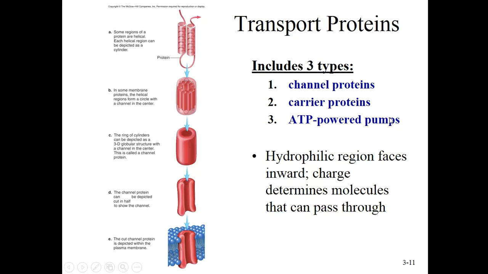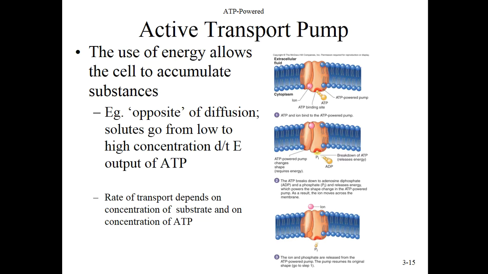ATP-powered pumps are another very important way of moving things through, and we can see an example of it right here. Ions also can't go through the plasma membrane but have to be moved through. And look what happens. When the ion binds to the transporter, energy is supplied by the little battery, ATP.